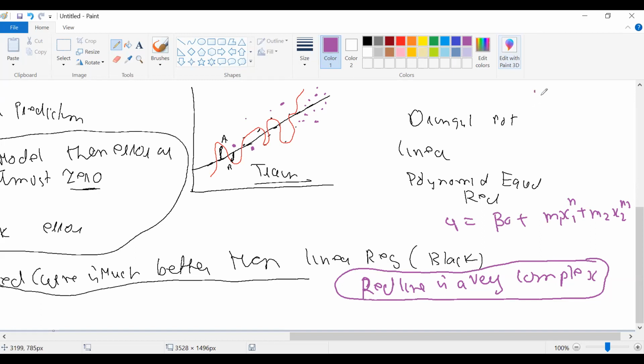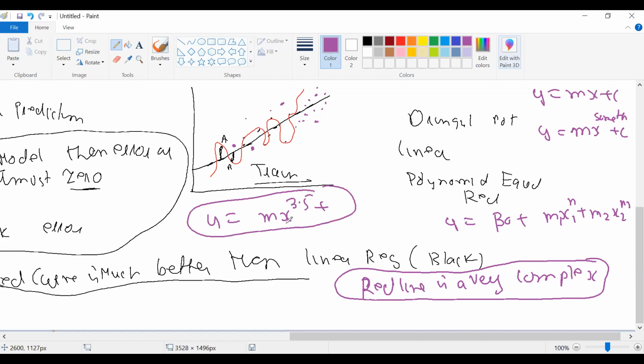Or if I am taking a simple equation, y is equal to mx plus c, over here it would be y is equal to m x power something plus c. Suppose करो हमने एक ऐसी इक्वेशन बना ली, y is equal to m x 3 power 0.5. So do you notice whenever x will change by 1 unit, the impact on y would not be limited to your m, but it would be 3 power 0.5.